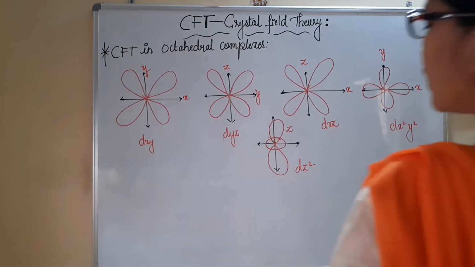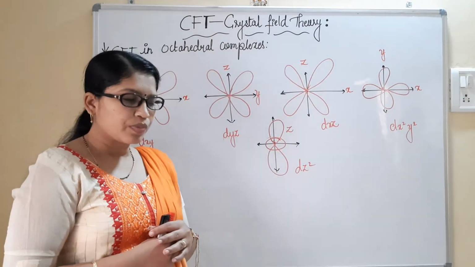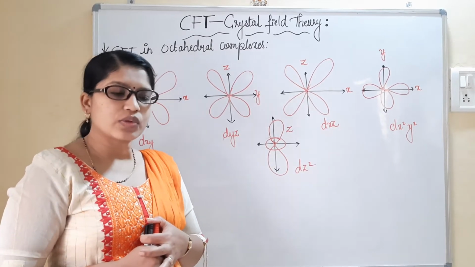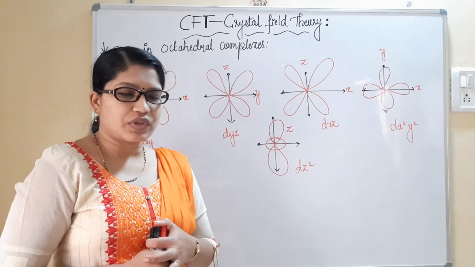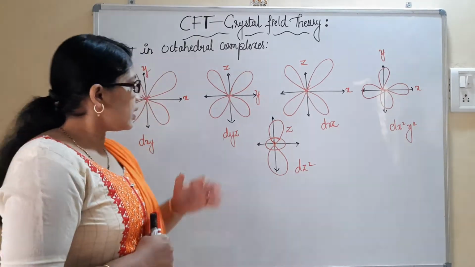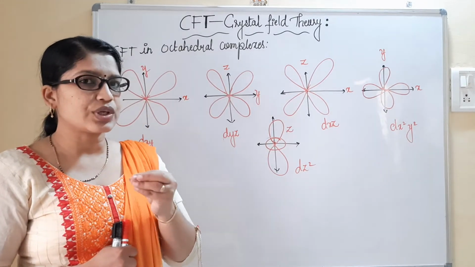Okay, dear students, now let us start with the next explanation for the CFT. As I told you, there are 5 d orbitals with the same energy, which exist in a transition metal.